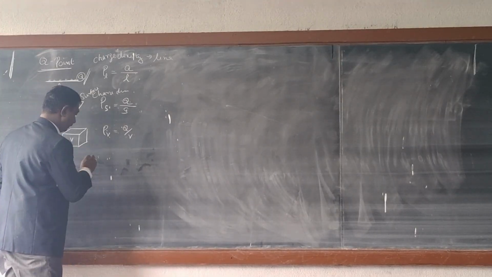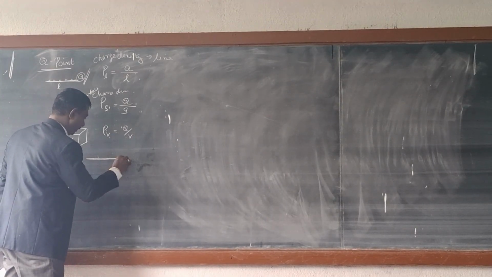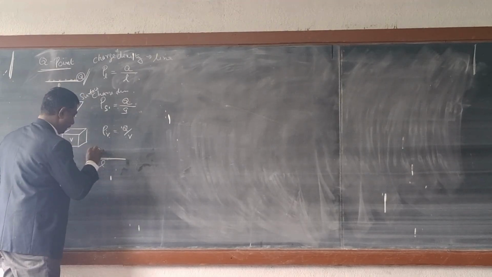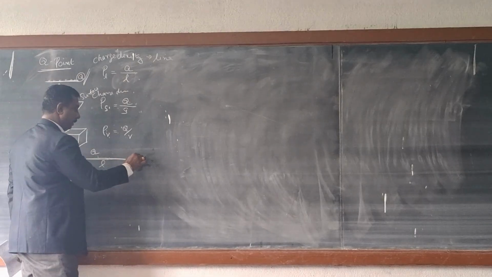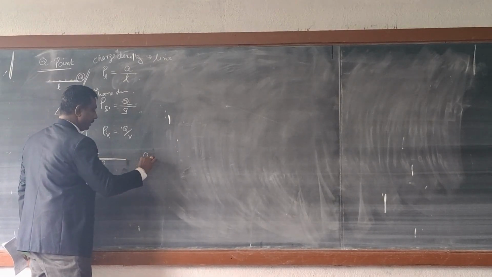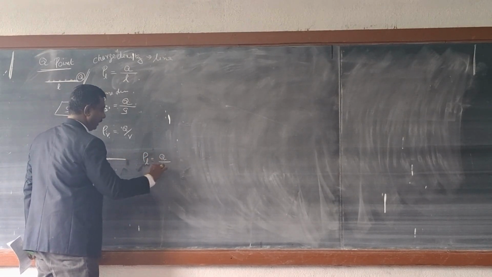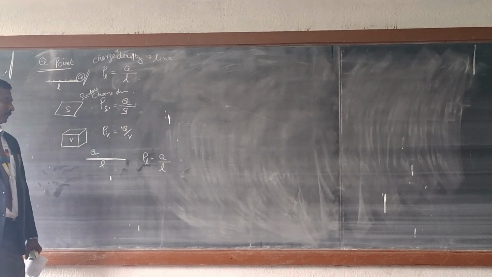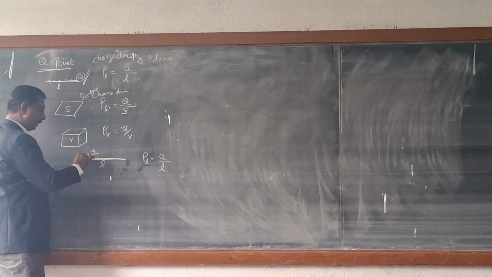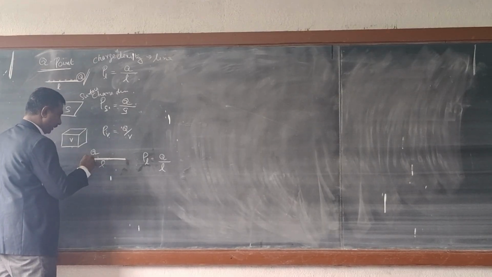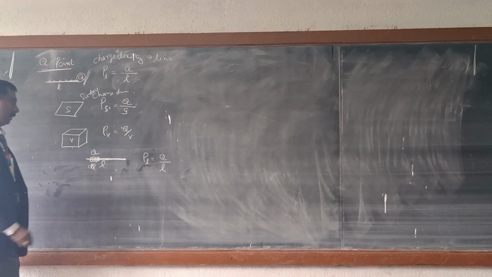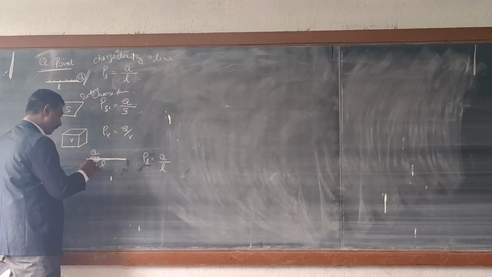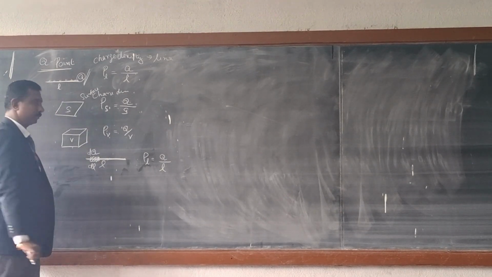In particular, if we take a line of length L, let the total charge be Q. We know rho L, line charge density, is nothing but Q by L. In this case, instead of taking the whole length, I am taking a small length, let that length be dl, a differential length. The charge present in that dl is dq.